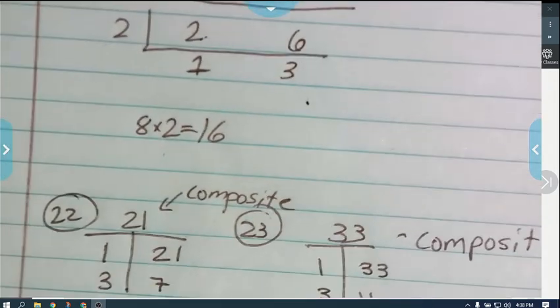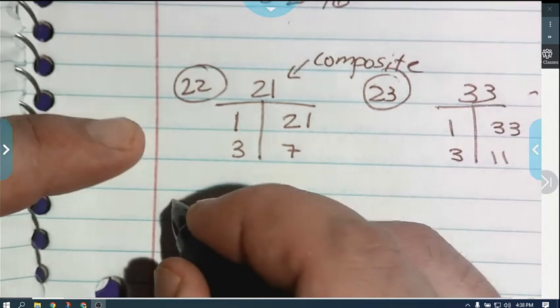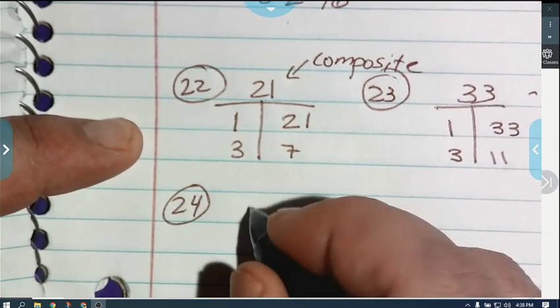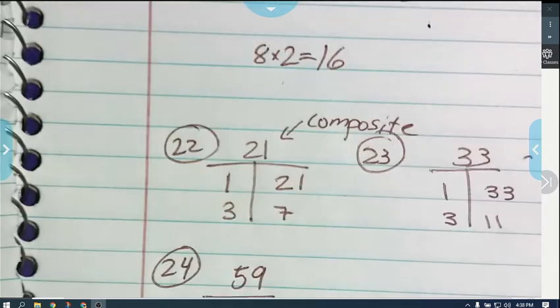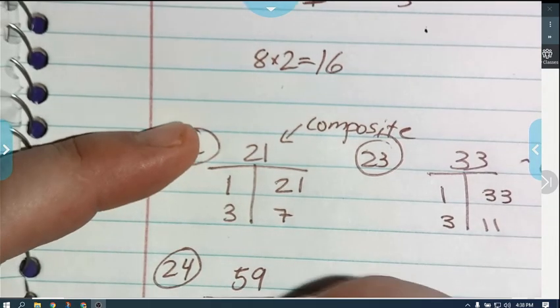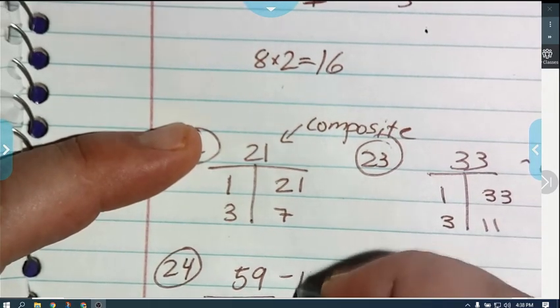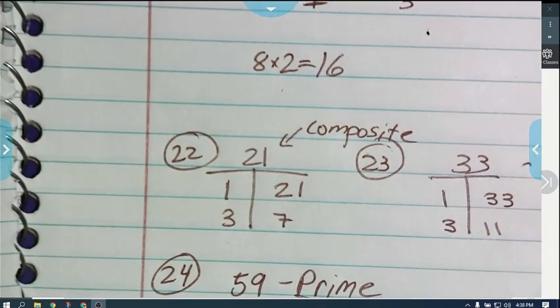All right, number 24 is the number 59. Confused you yet? Okay. Well, I know I've got 1 and 59, but I'm pretty sure that's it. So 59 is a prime number. Whoops. Sorry about that, folks.